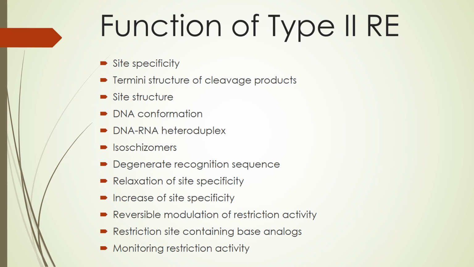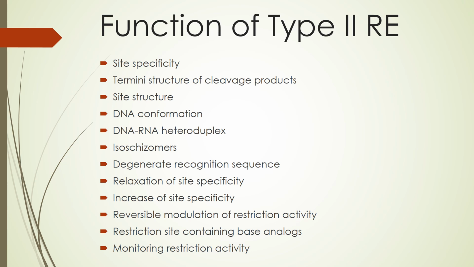The majority of type 2 restriction nucleases recognize tetra and hexanucleotides. There are barely over 10 known base cutters, known by a vertical bar.